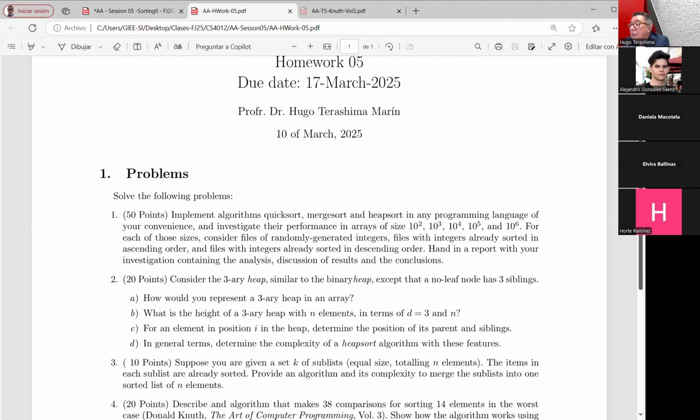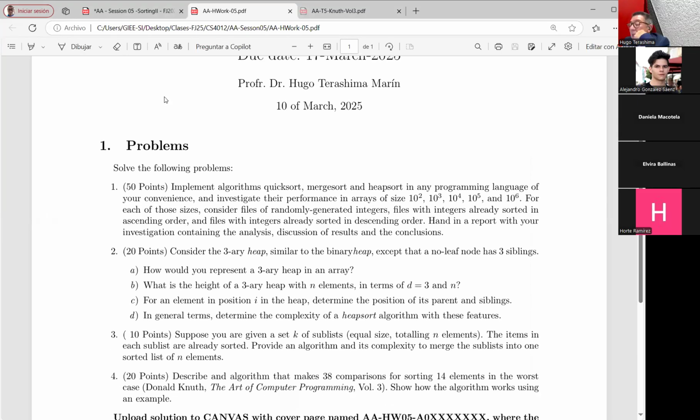Okay, so the first exercise is to implement the algorithms quick sort, merge sort, and heap sort in any programming language of your convenience and investigate their performance in arrays of 100, 1,000, 10,000, 100,000, and 1,000,000.